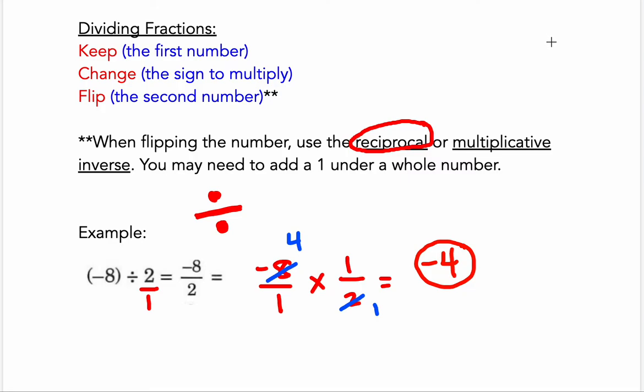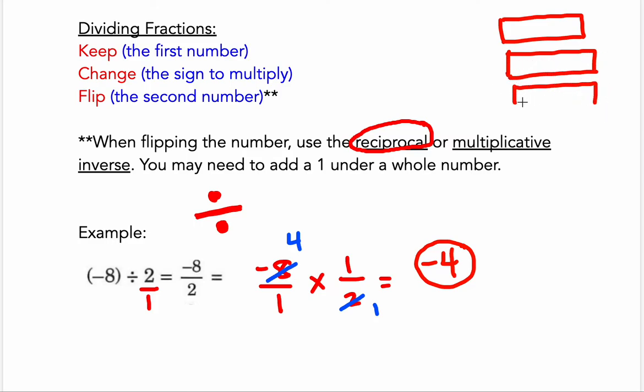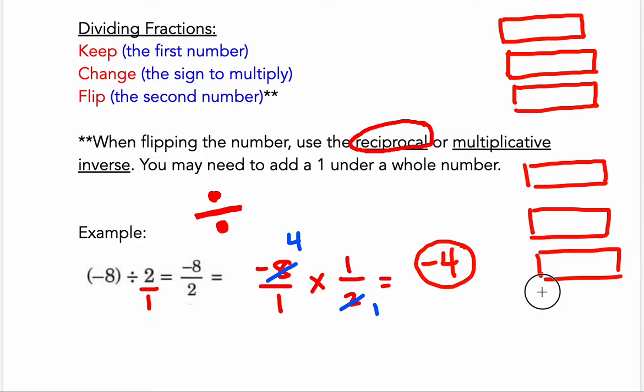Like, how can we explain that, right? So what we can do is draw 8 holes. 1, 2, I know it's a negative, but we're going to pretend like it's a positive for the purpose of this. 3, 4, 5, 6, 7, and 8.